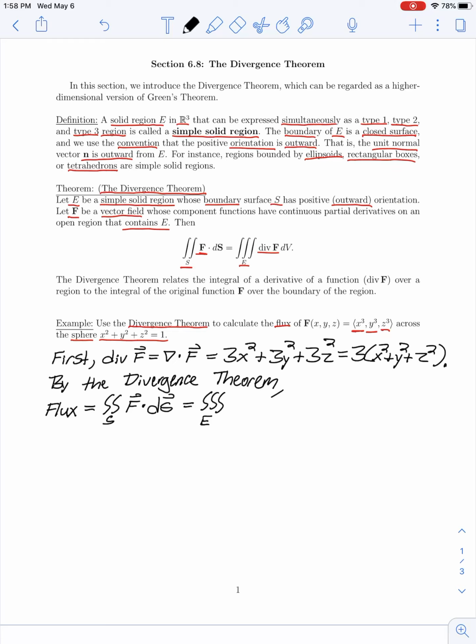So that would be the unit ball, all points inside of the sphere of radius 1, of the divergence of F with respect to volume.